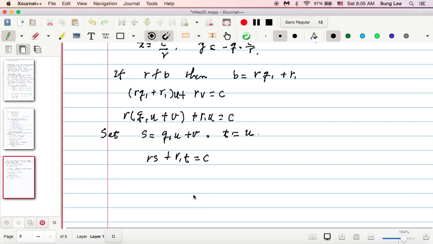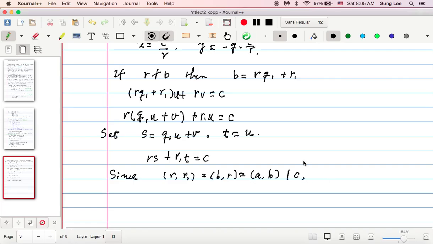So we get this linear Diophantine equation. Since the greatest common divisor of r and r1 equals the greatest common divisor of b and r, which equals the greatest common divisor of a and b, this guy divides c.